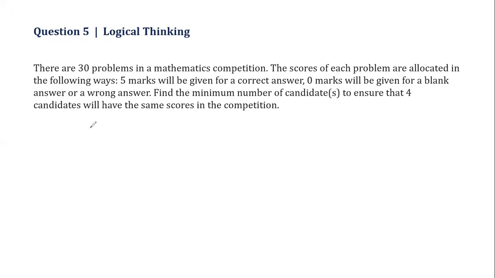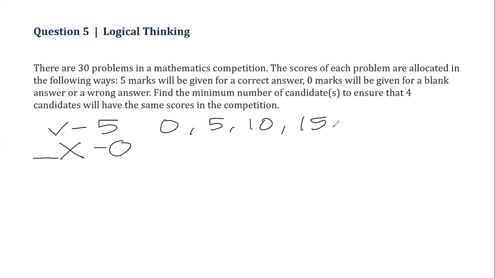So for this problem, for each correct answer, you get 5 points. And if your answer is blank or a wrong answer, you get 0 points. So this one is pretty straightforward. If this is the format for marking the answers, this means that the possible scores are 0, 5, 10, 15, and so on.